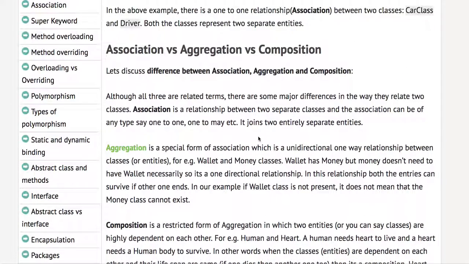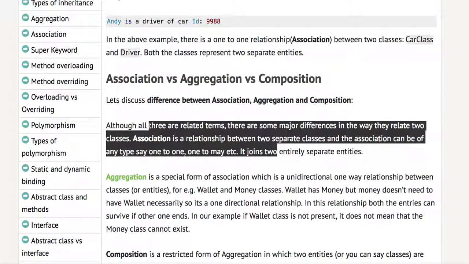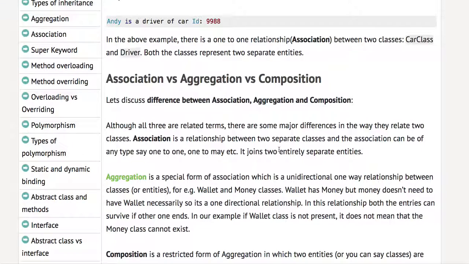Okay, and then we have association, which means any two objects are related, right? Meaning that one class can have a set of other class objects as its instance fields, right?